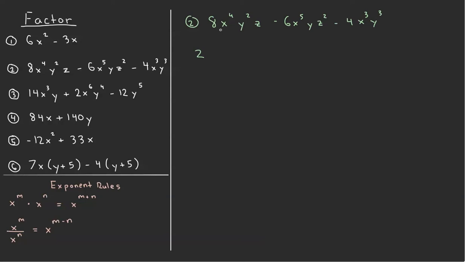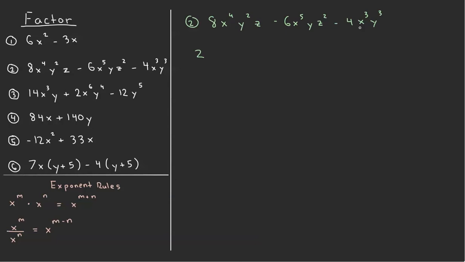And then for these variable terms here, x to the 4th, x to the 5th, and x cubed, you want to ask yourselves, what do these variables share amongst each other? So here we have 4 x's, x times x times x times x, and here we have 5, and here we have 3. Okay, so what's the most amount of x's that they share? Well, it turns out that it's going to be the lowest powered variable that you have.